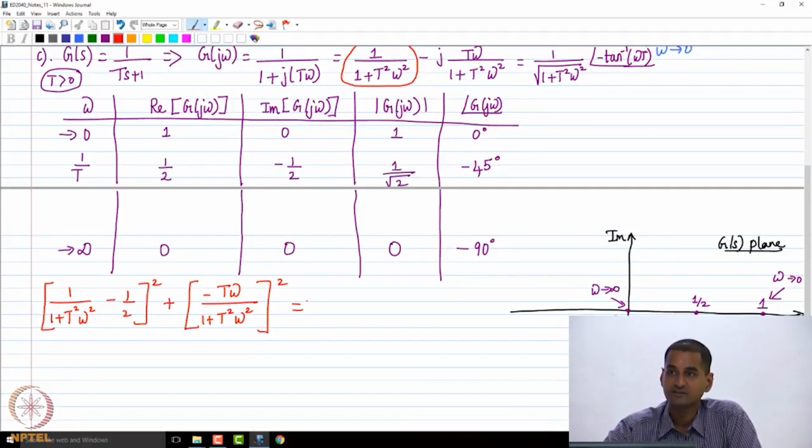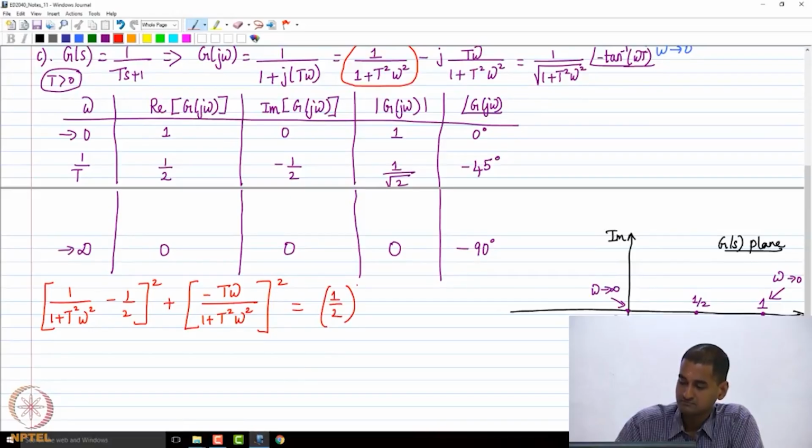I have given you this because I know a priori what the answer is, so I am just asking you to do it and tell me. It is 1 by 4. I have rewritten it as 1 by 2 whole squared.